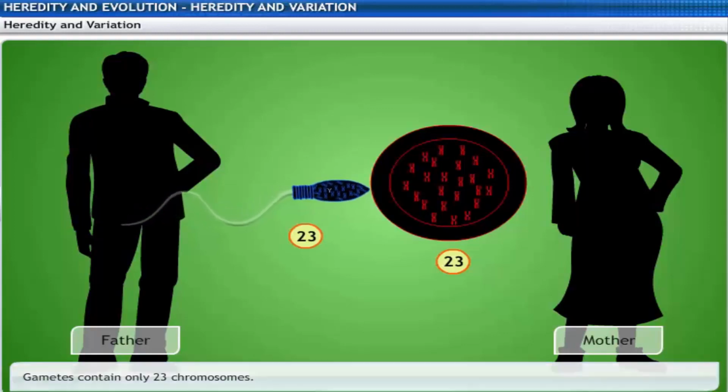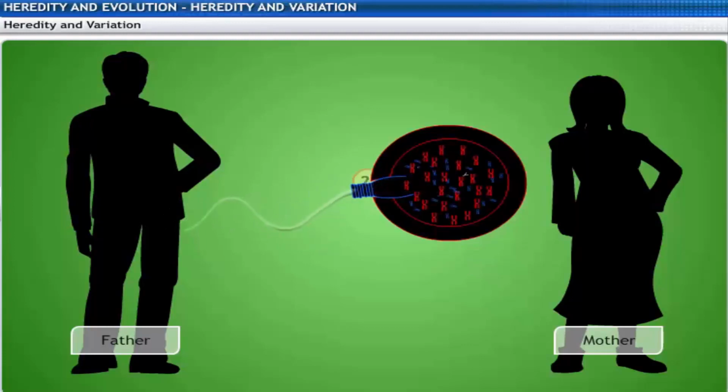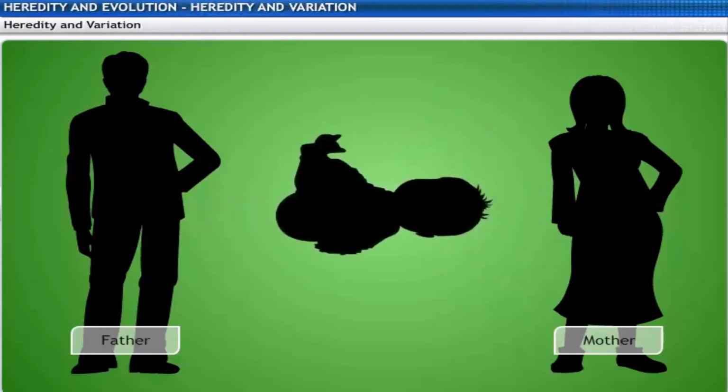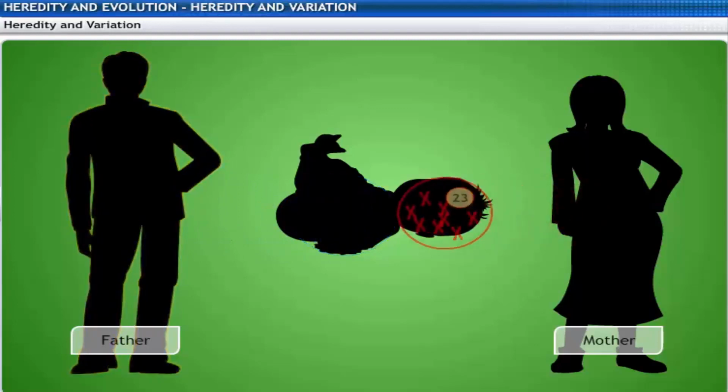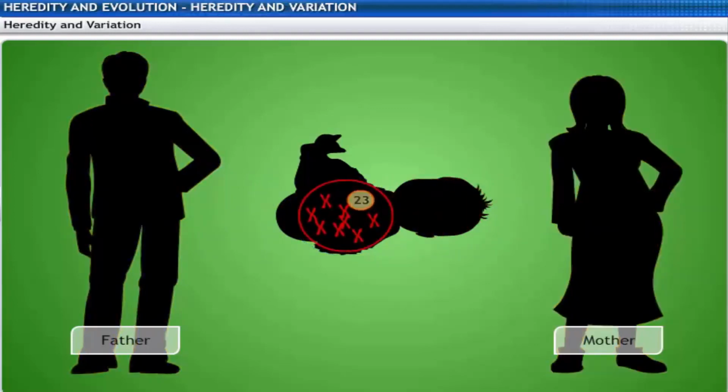The male gamete fuses with the female gamete to give birth to a child.